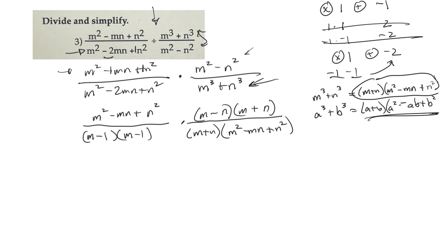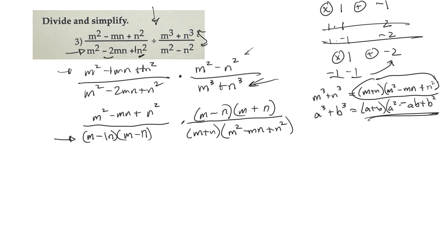Okay, so now I need to look for stuff that's the same on the bottom and the top. Oh, one thing I didn't do here was I shouldn't have just put a 1 there. It needed to have an n there as well. Maybe I'll just make it an n. You don't really need the number there. Okay.